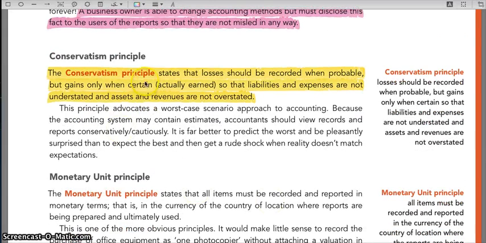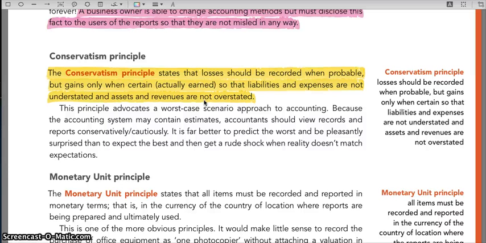So the conservatism principle states that losses should be recorded when probable and gains only when they are certain. So this basically means that we are not understating our liabilities or expenses, because they're obviously our economic sacrifices.